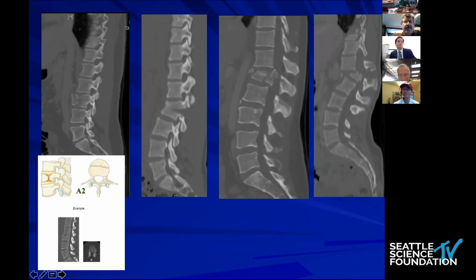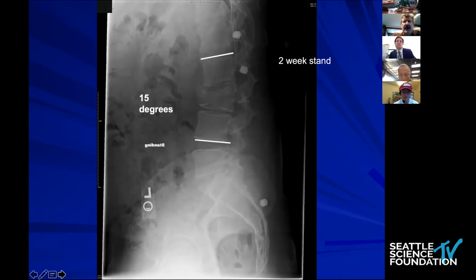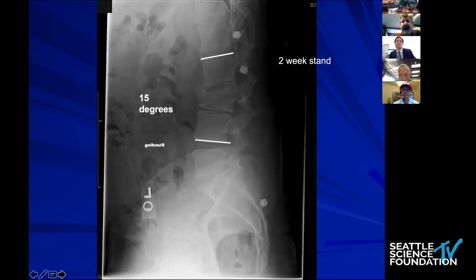So if you watch this patient on subsequent slides, you can see that the initial standing film's okay. At 2 weeks, however, it starts to collapse into more severe kyphosis. This is typical of pincer fractures, and it warrants surgical fixation. So this is a fracture that we often operate on early. If we treat it non-operatively, it requires very close follow-up.